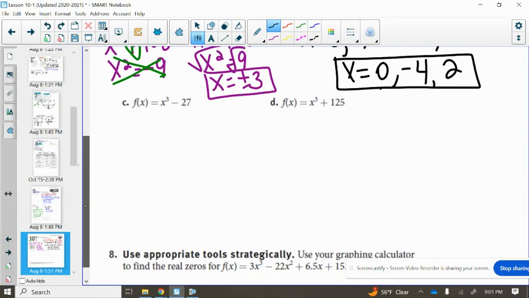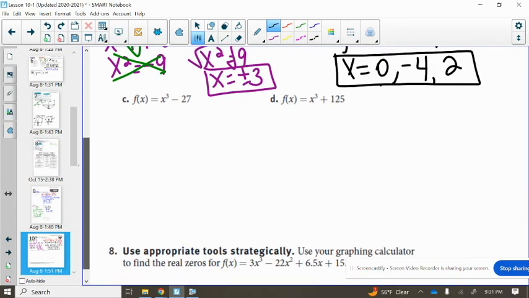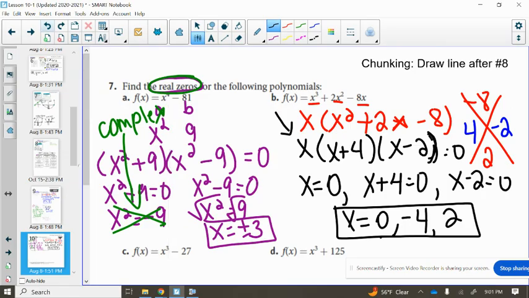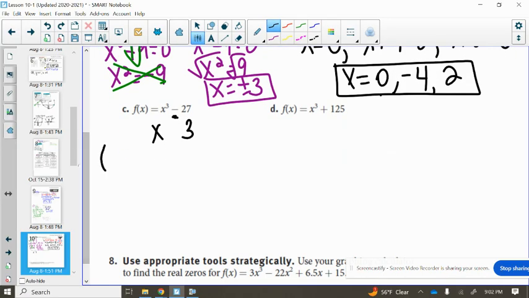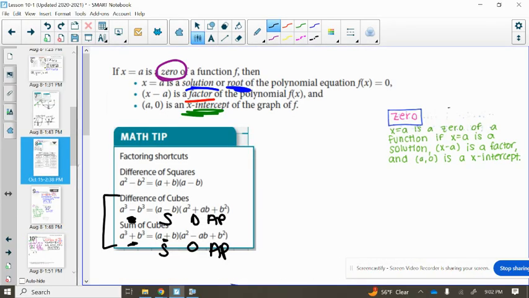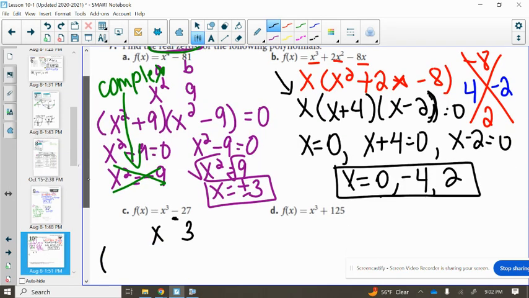So if we look at letter C on page 133, we notice we have a negative here. And so we know this is going to end up being a difference of 2 cubes. X cubed is x cubed. 3 cubed is 27. So inside the equation, we have the values here of a minus b, because this is a difference.